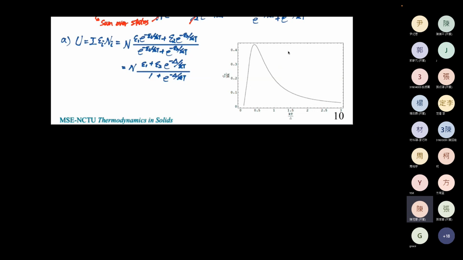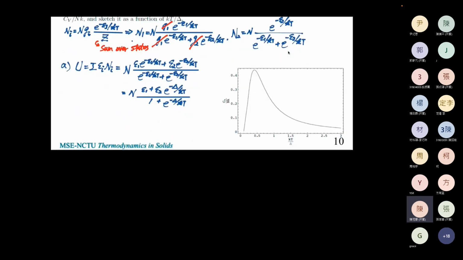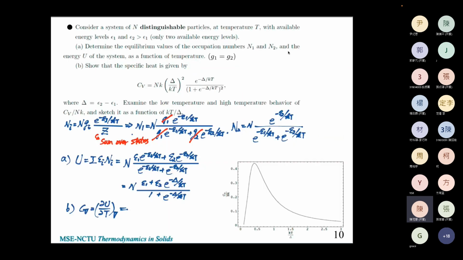Okay, so the second one, B, we want to calculate CV. CV is partial U over partial T at constant V, right? So we just do the differentiation for this. This one is easier.